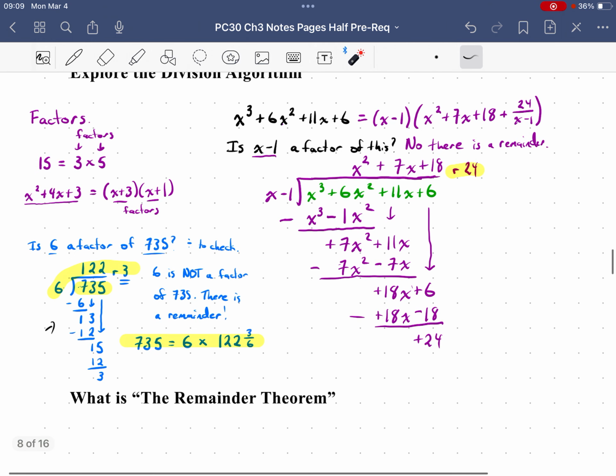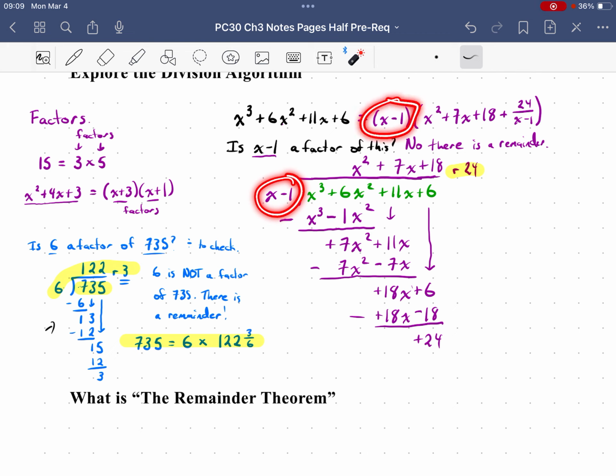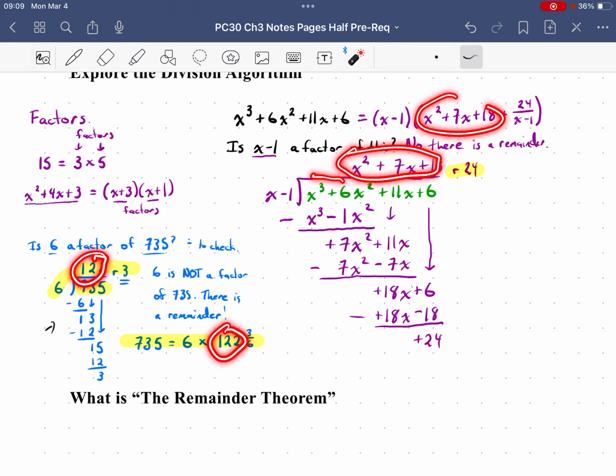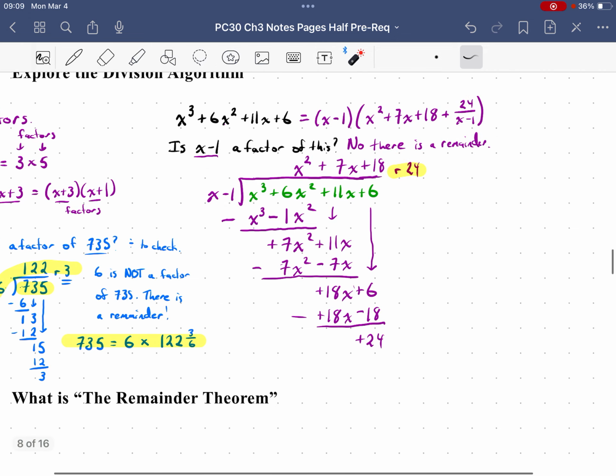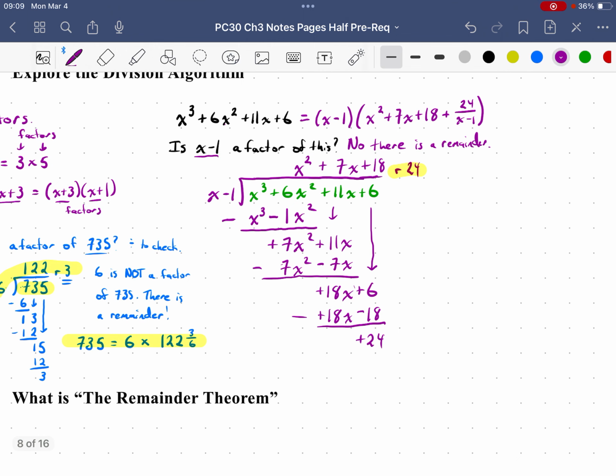All right, so this is our quotient. 6 goes here, so x minus 1 goes here. This answer goes here, so this answer goes here. And then our remainder gets put over our quotient like that. All right, so this we call just long division.